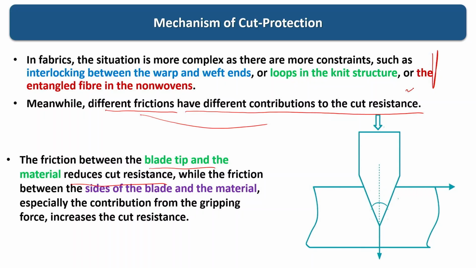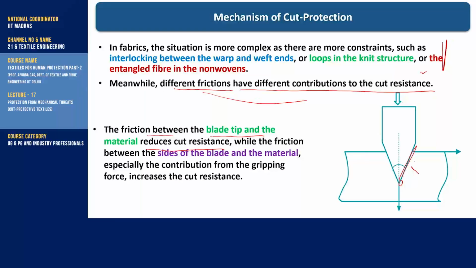So, one friction will be there between blade tip and material, another friction will be at the blade surface and the material. There are two types of frictions here.